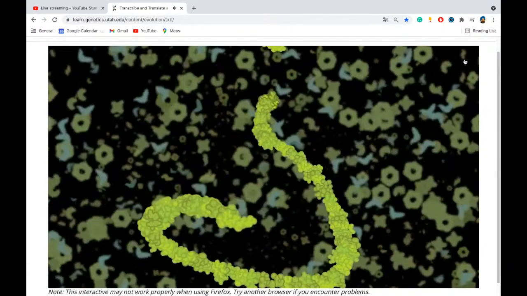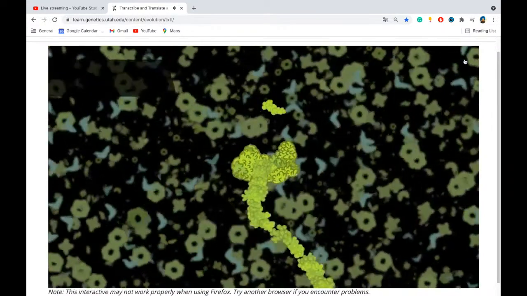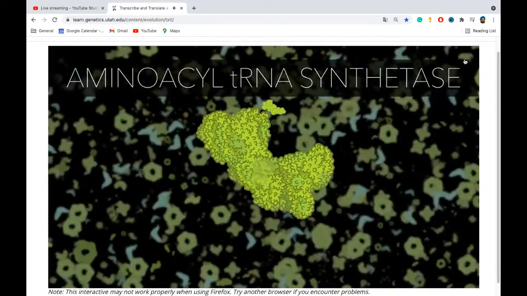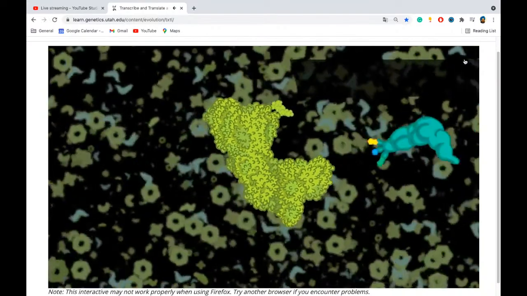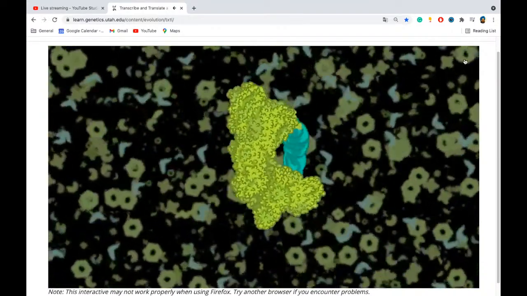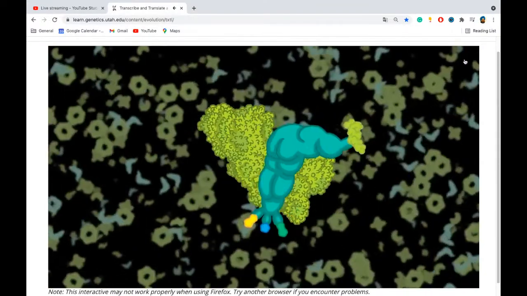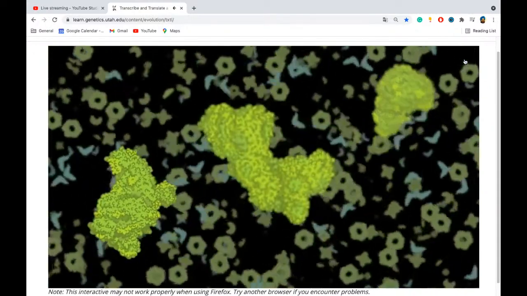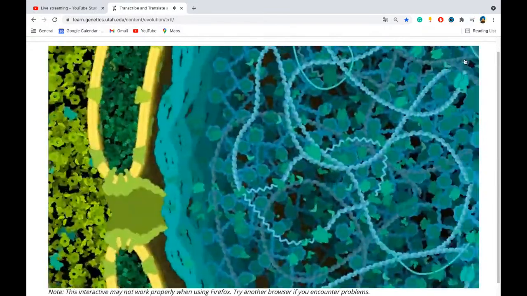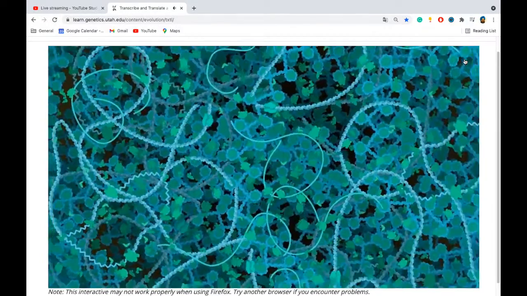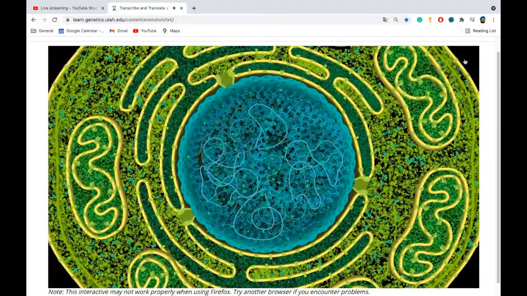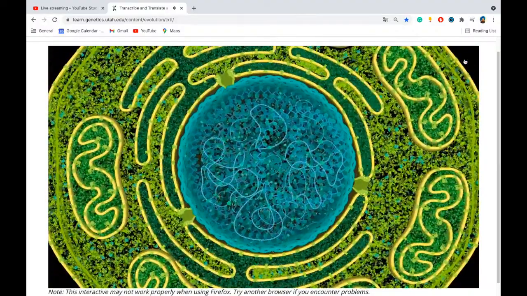This protein, aminoacyl tRNA synthetase, will now attach the right amino acid to the proper tRNA molecule, charging the tRNA so that it can participate in protein synthesis. Each type of amino acid has its own enzyme. The incredible processes of transcription and translation enable cells to carry out all of the functions necessary for life.